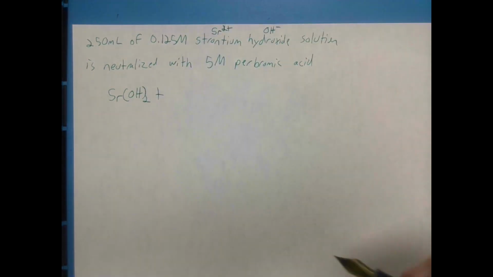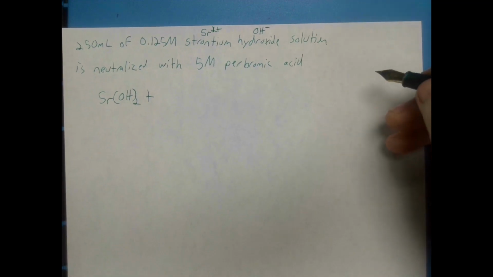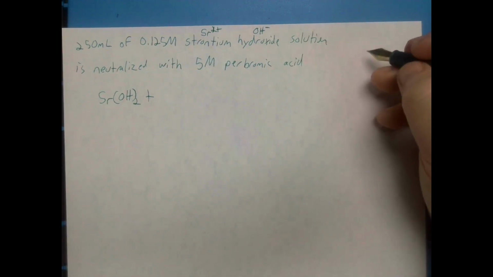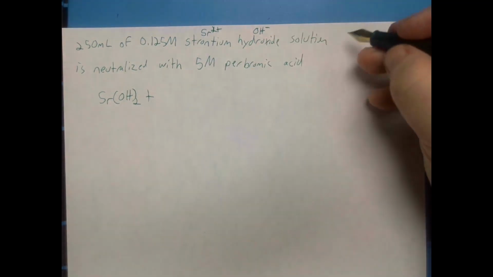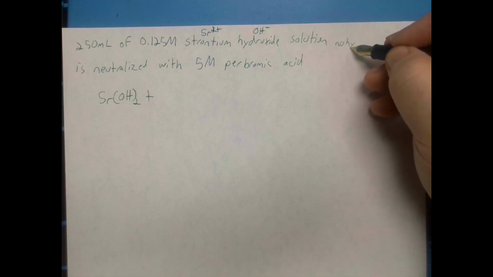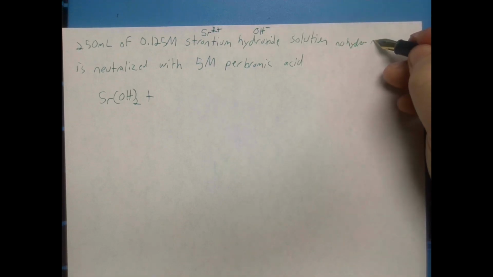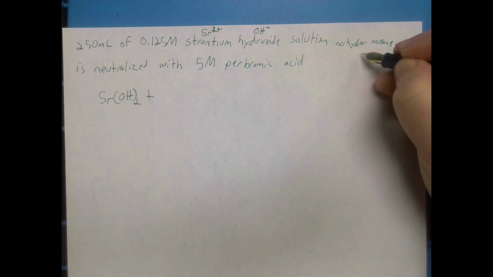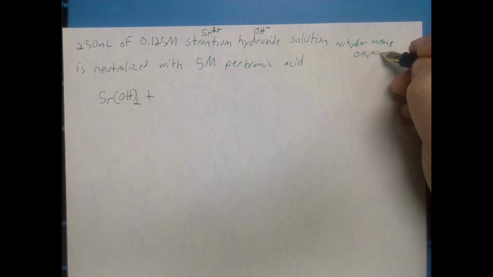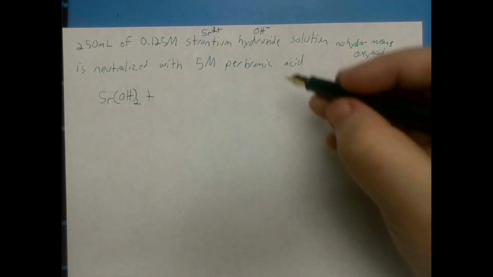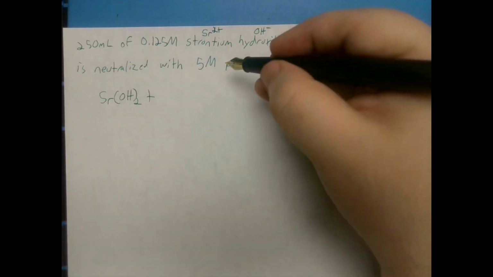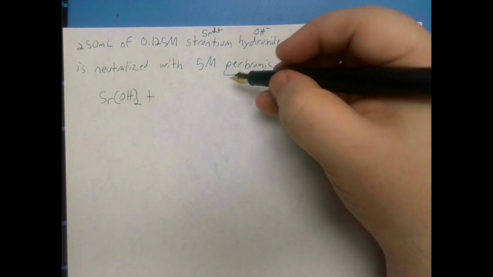Alright. And perbromic acid, what's its formula? There's no hydro, no hydro means it's an oxyacid. It contains oxygen. The -ic tells us it's going to end with -ate. And per means what?